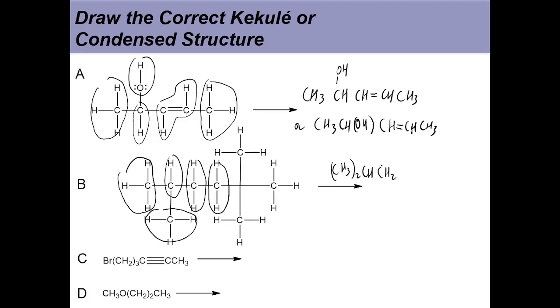You can draw another CH2, or you can put parentheses, 2 CH2s. And next, there's a carbon here, and this carbon is attached to the CH2 directly. But on this carbon, there are 3 CH3s. So the way you draw this is CH3 in parentheses 3. Let me highlight the carbon that's a little bit different.